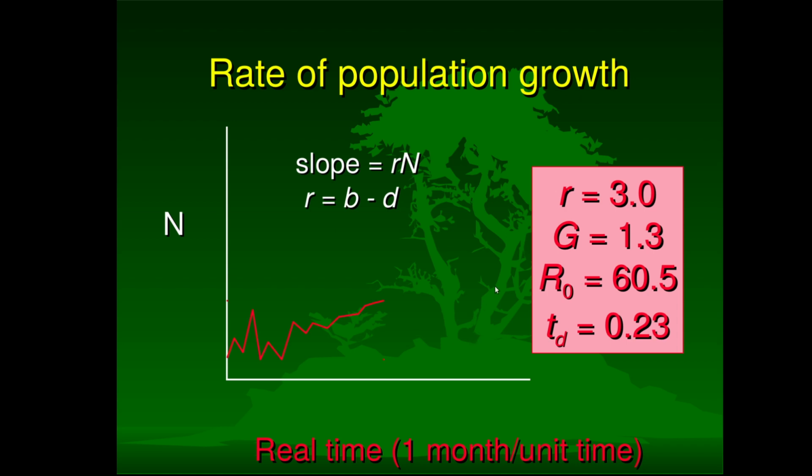Well, it will jump around at first, then settle into a nice, well-behaved exponential increase curve. The rate of increase we calculated here with the little r is the rate for this end of the curve after it has settled down into its final or equilibrium groove here.